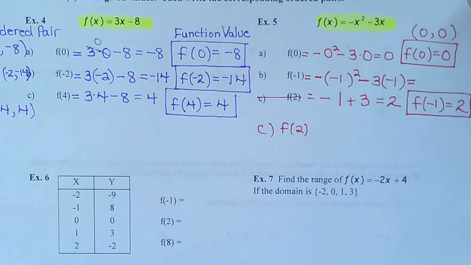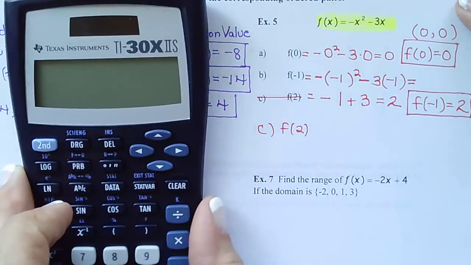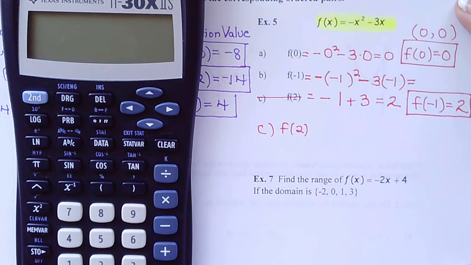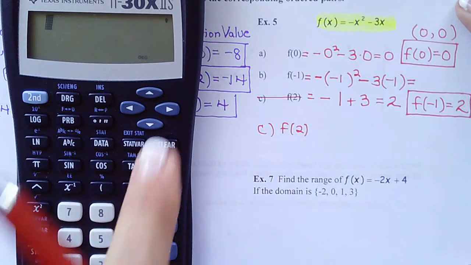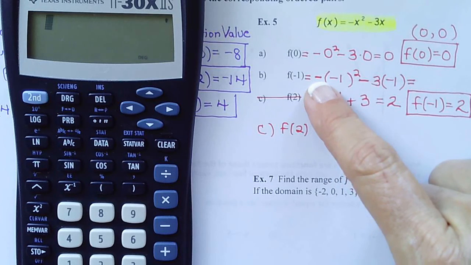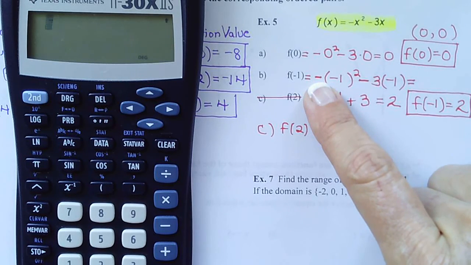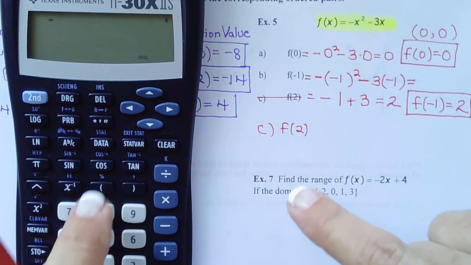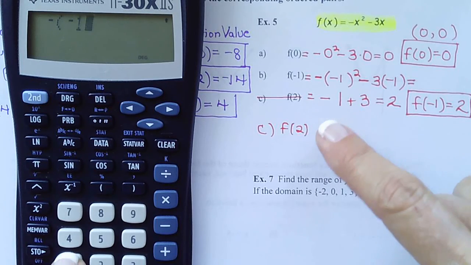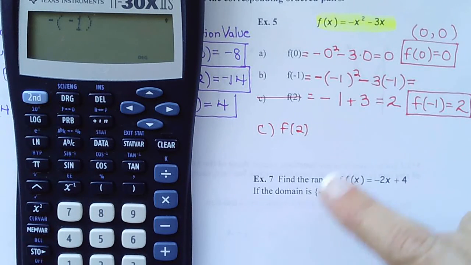So now let me show you how to do it on your calculator. So we have minus, which is a negative, not a subtraction. So go down to the bottom row, negative, then your parentheses, and then another negative 1, and then close your parentheses.